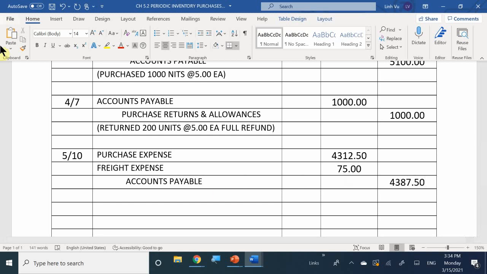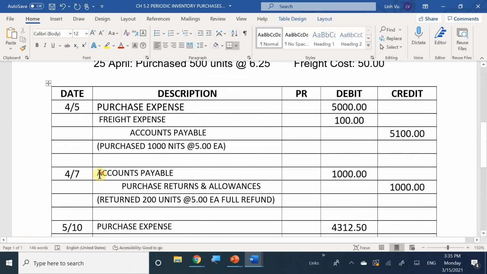Good. All right. And here I'm also going to make a note that I purchased 750 units at $5.75 each. Okay. So now, what happened next?